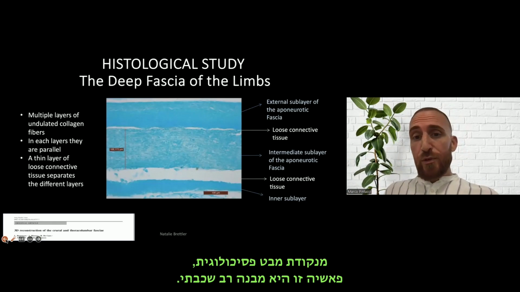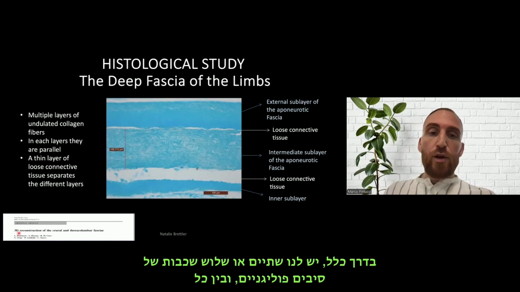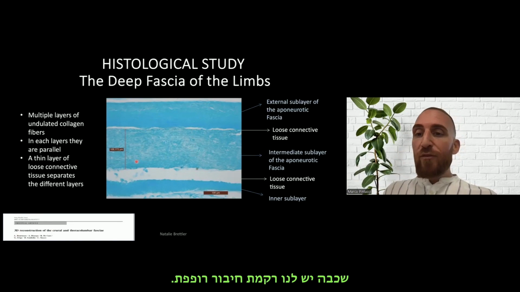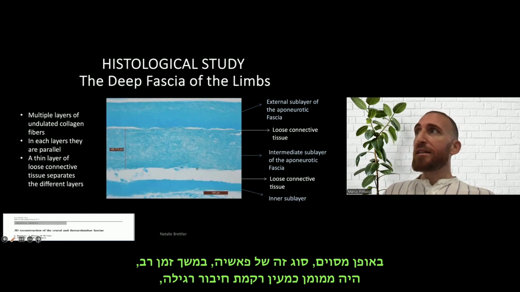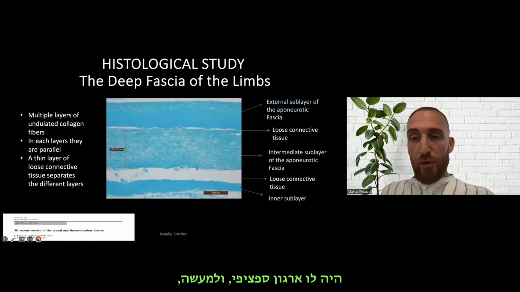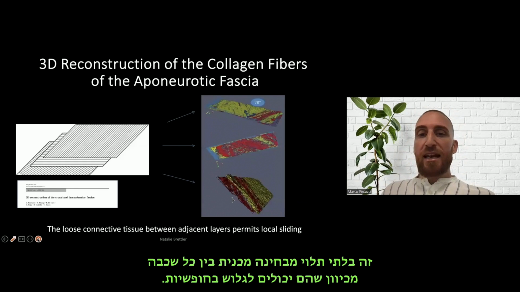From a histological point of view, this fascia is a multi-layer structure. Usually we have two or three layers of collagen fiber, and between each layer we have loose connective tissue. For a long time this type of fascia was considered a sort of irregular connective tissue, but it has a specific organization and is mechanically independent between each layer because they can glide freely.